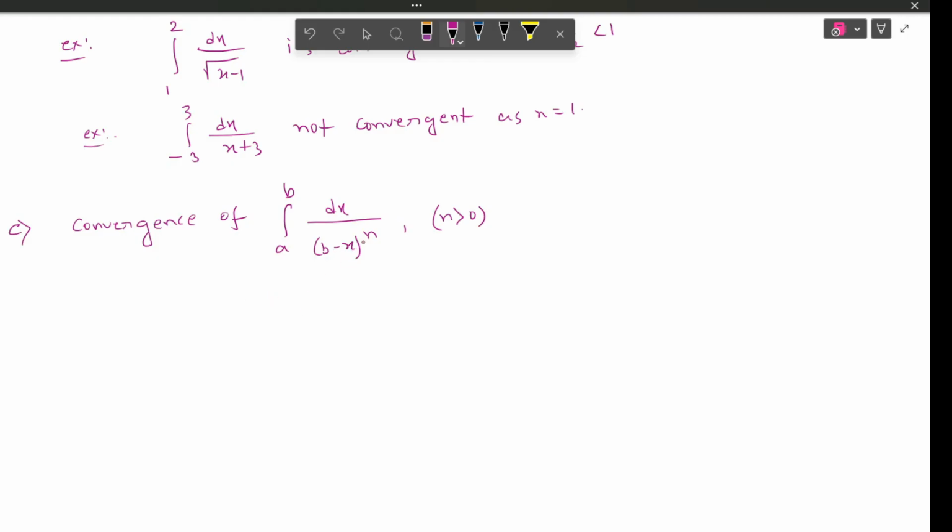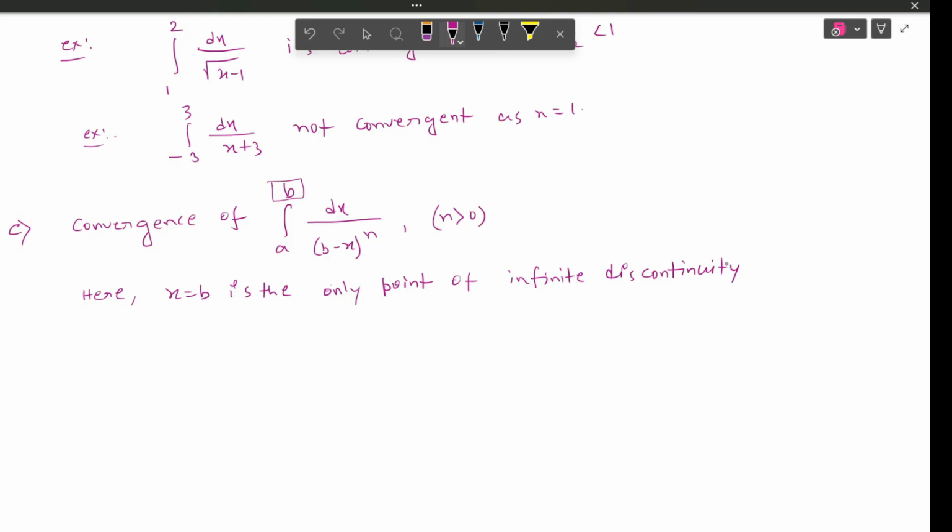So this is the b minus x to the power n format, where if you put the upper limit here, it will be 0, and 1 by 0 is infinite. So here we can say x equals b is the only point of infinite discontinuity.